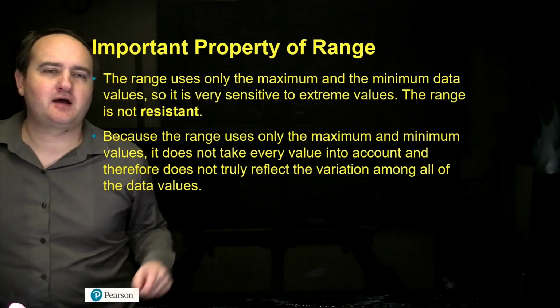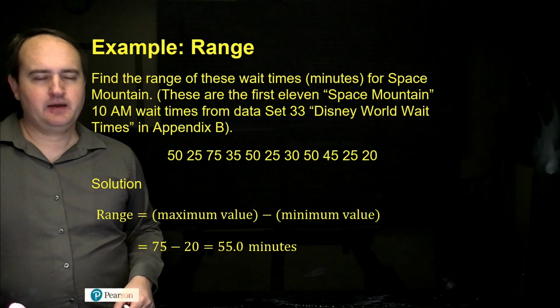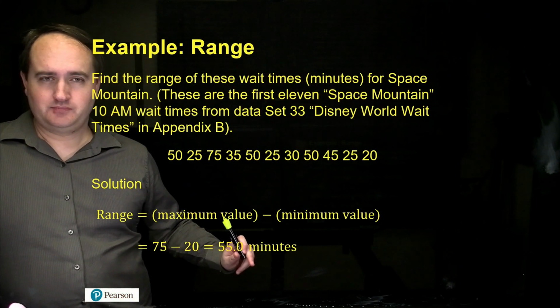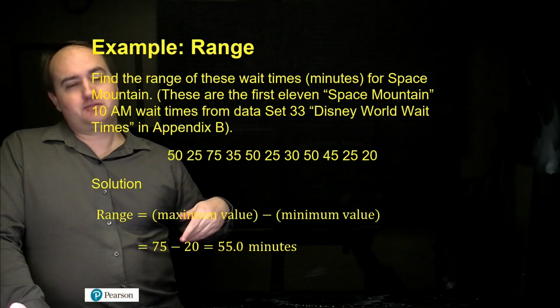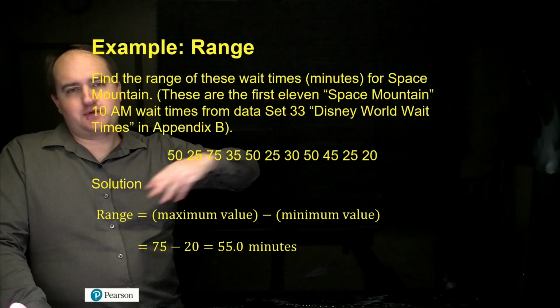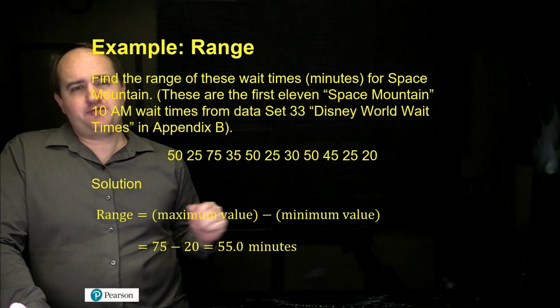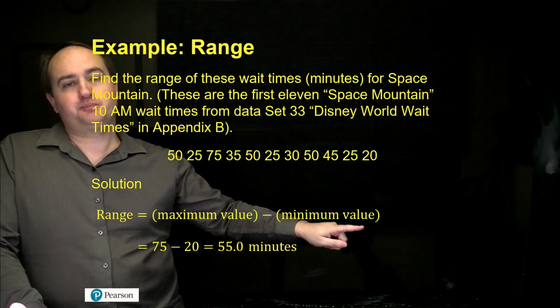The problem with that, obviously, is when you're calculating the range, if you have an unusually high data value, that's going to be the maximum. So that's going to make the range a lot larger. And then if you have an unusually low data value, that's going to be the minimum.